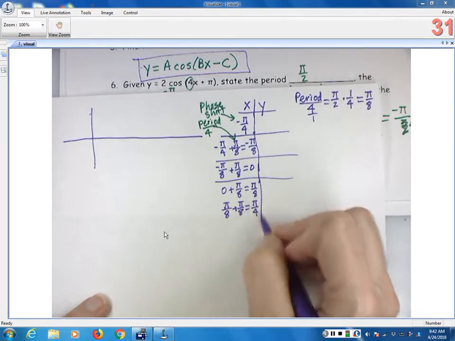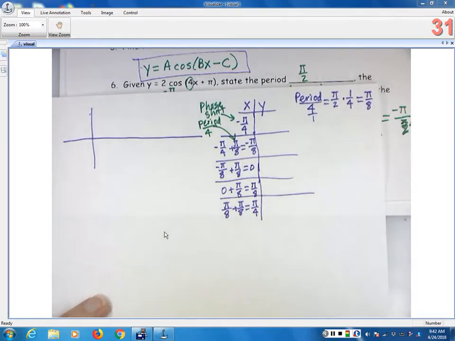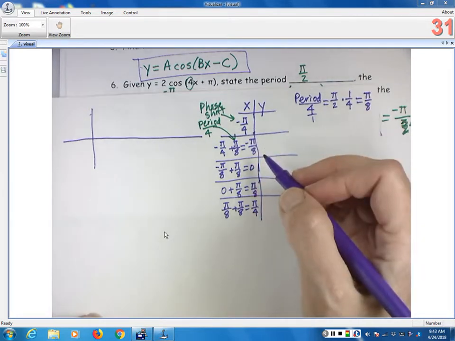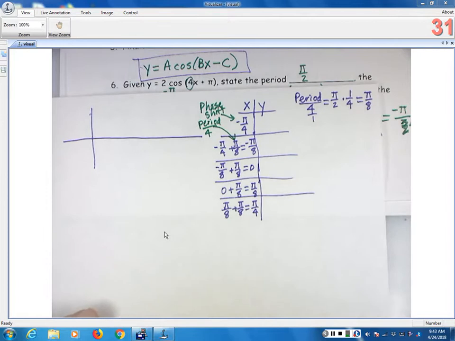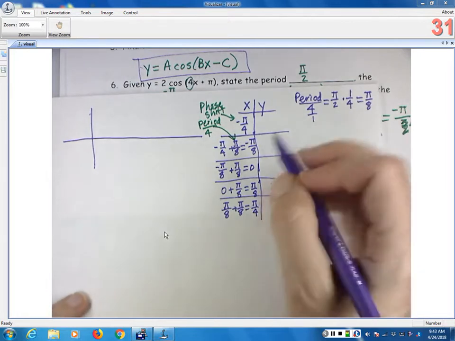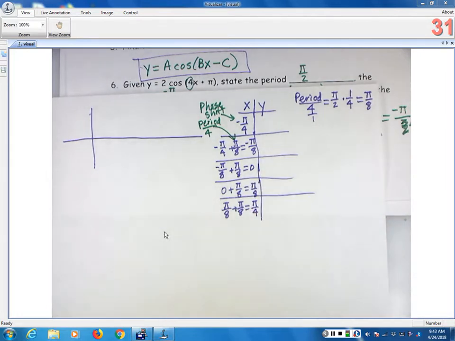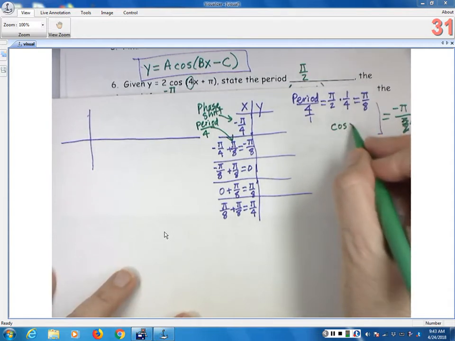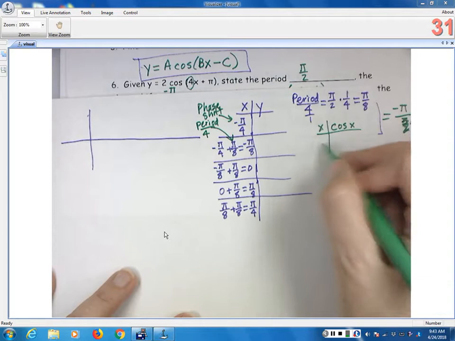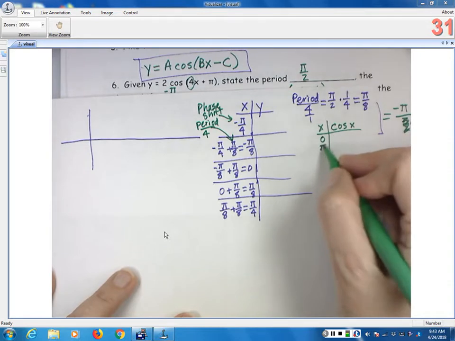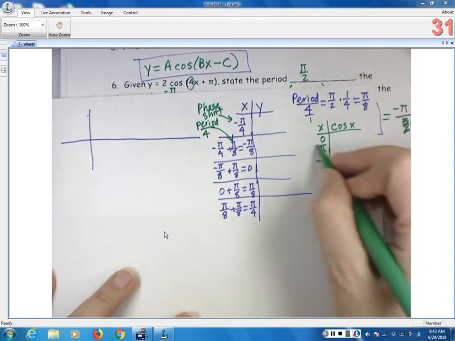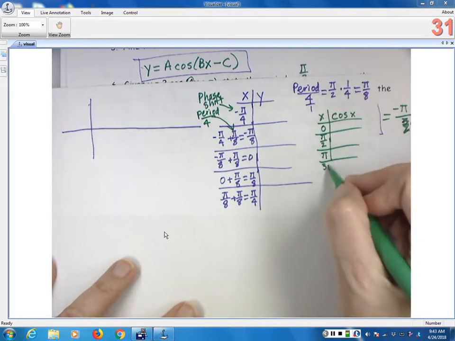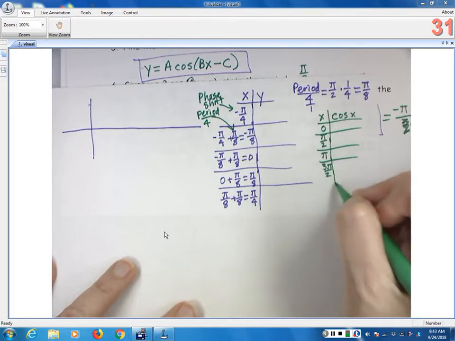You're going to have a blank axis to draw this on. Okay, so what are we going to get? This is the cosine function. Let me write this out over here. The cosine of x at 0, pi over 2, pi, 3 pi over 2, and 2 pi.